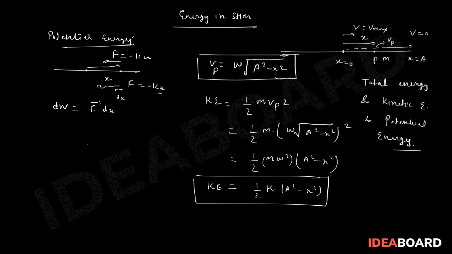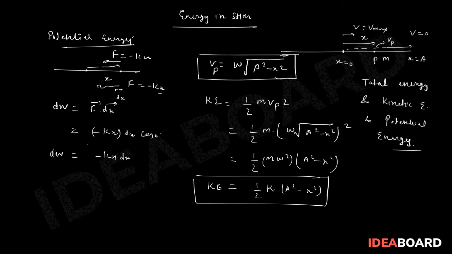Correct? And this F will be equal to minus kx into dx. So this is F dot dx. Obviously both are at 0 degree angle, so this is cos 0. So now dW is equal to minus kx dx.